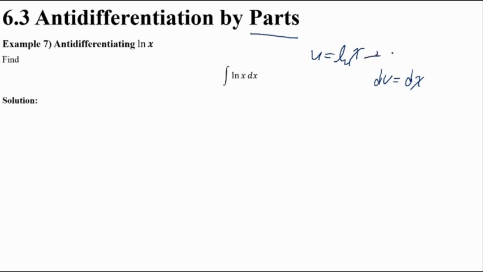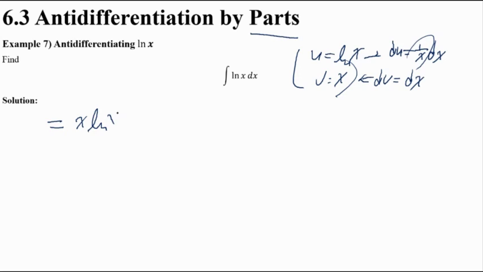So du will be 1 over x dx, this derivative, and v will be x. The constant cancels. So uv will be x ln x, and subtract the integral of x times 1 over x, which is 1, so dx, you don't have to write that 1. So x ln x minus x plus c.